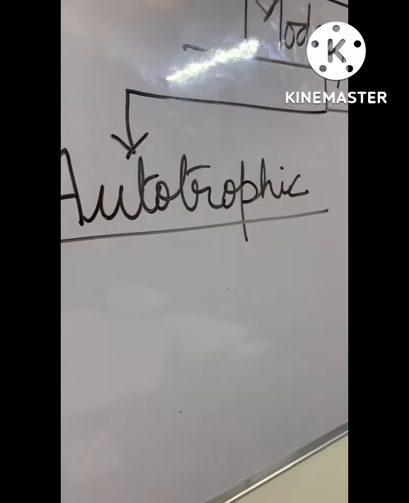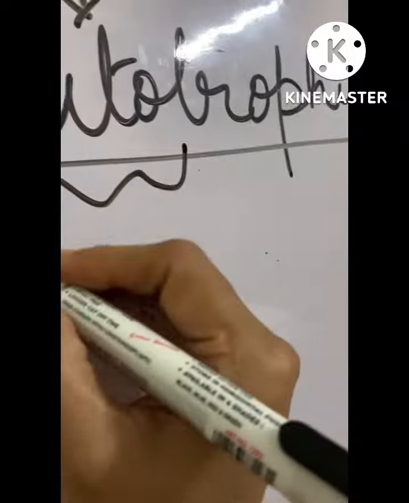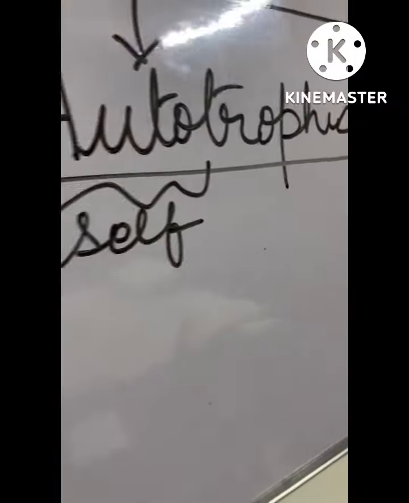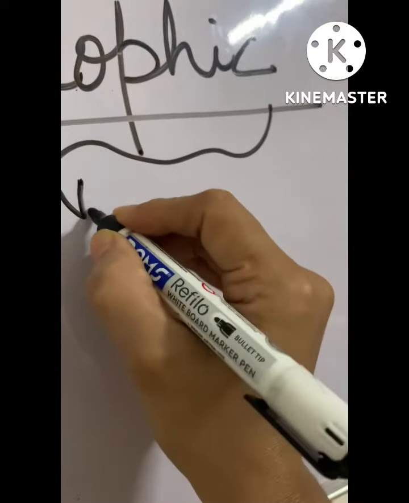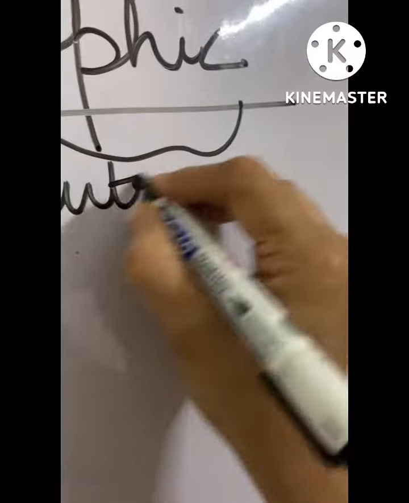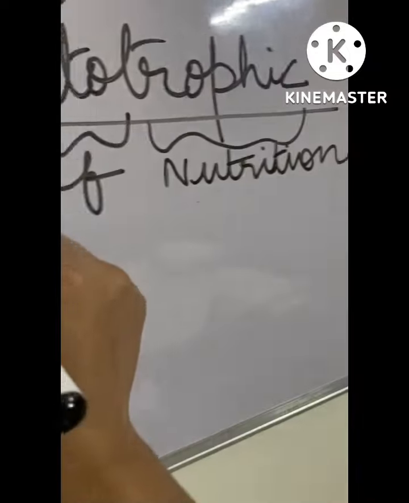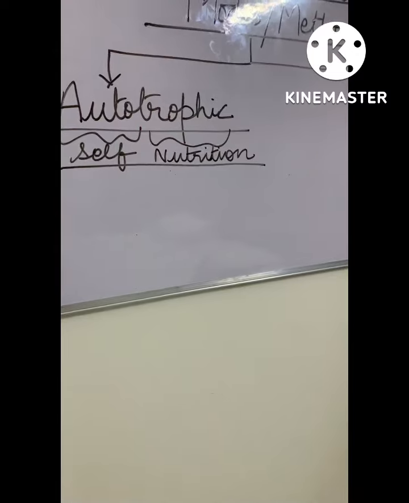Children, first let's see the autotrophic nutrition. Auto means self, and trophy means nutrition. So this means self-nutrition. Self-nutrition is done by which organism?